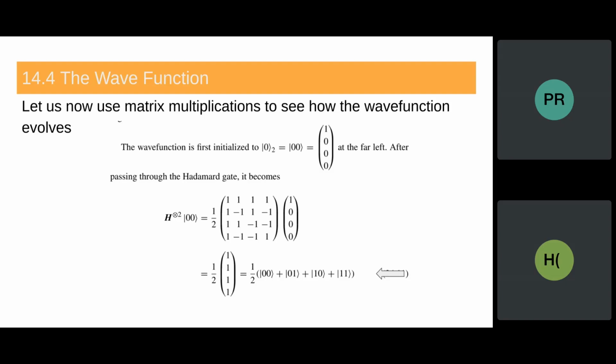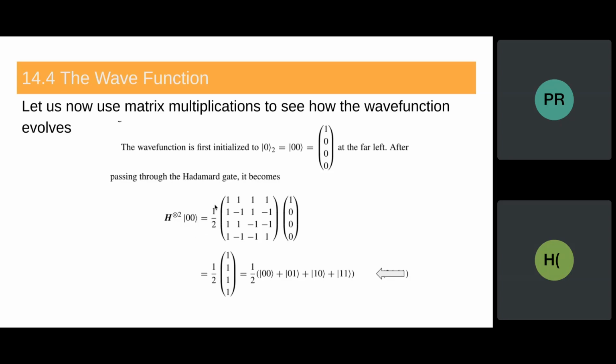Essentially, here we can say that if we have a 2 qubit 0 0, then you get 1 0 0 0 at the far left, because we are talking about the operation of Hadamard on the 2 qubit 0 0. And what does it give you?